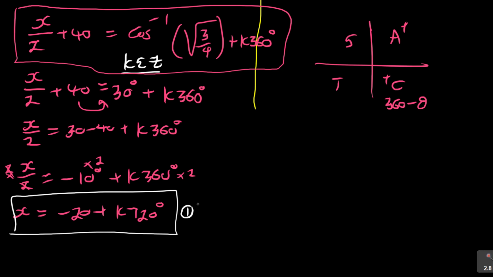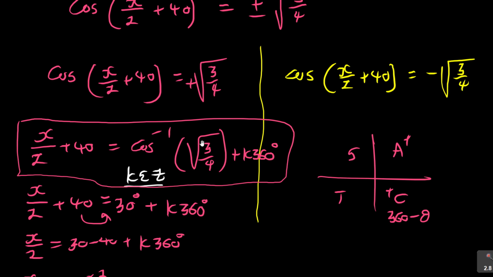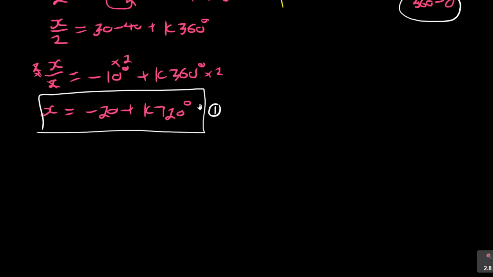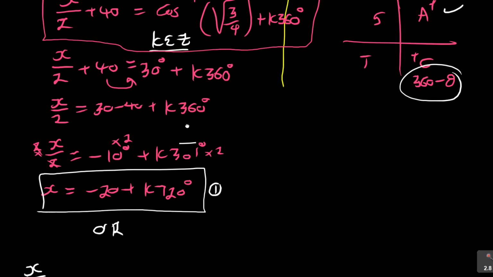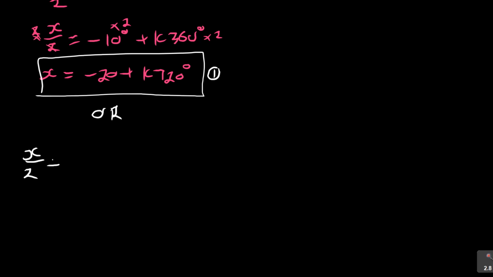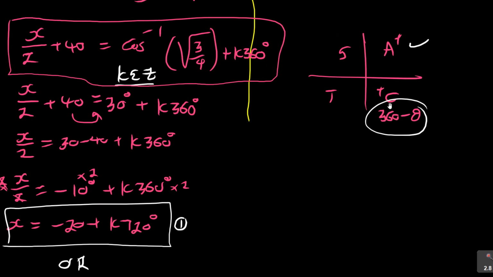That's number 1. Number 2, as I told you, the first one was in the first quadrant. In the fourth quadrant, you are using that. So you are going to say, or x over 2 plus 40 is equal to 360. Remember, I'm using that part.